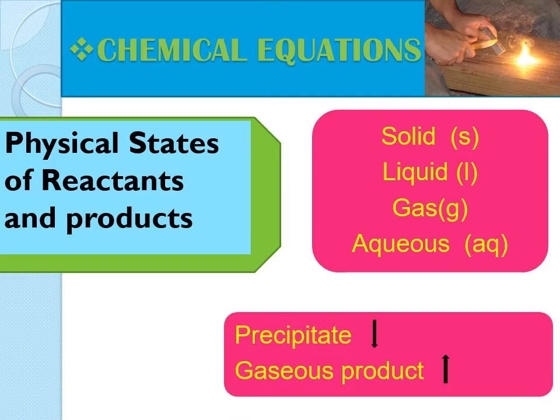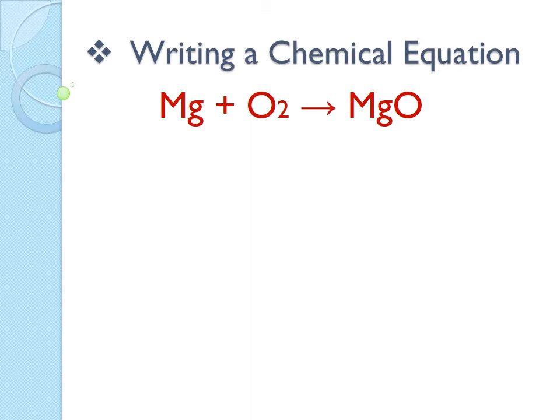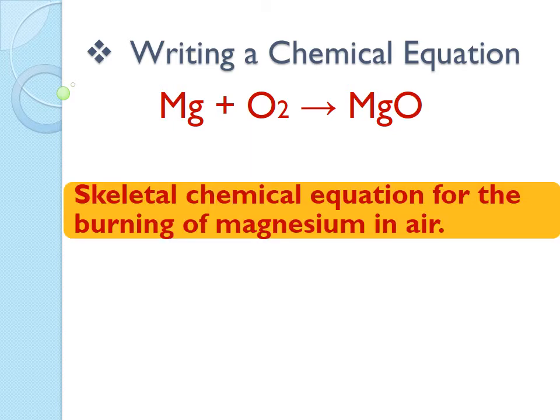Similarly, if precipitate is formed during any chemical reaction, it is shown by downward arrow, and if gaseous product is formed, it is shown by upward arrow. When chemical change of burning of magnesium is written like this, this is simplest representation. This is called a skeletal chemical equation for the burning of magnesium in air.